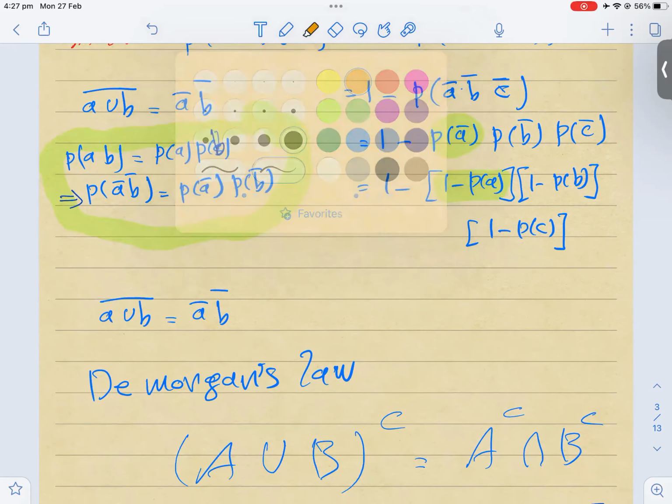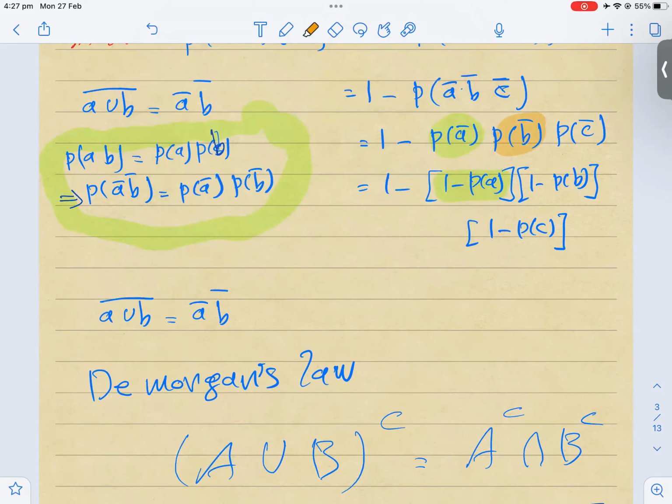The others follow the same rule. So what we then do is just substitution, and we will definitely get the same answer.